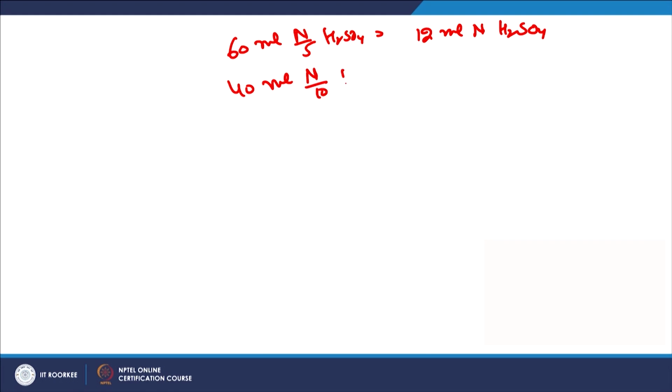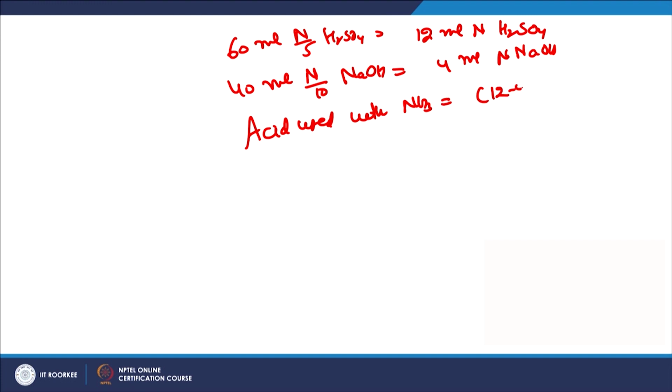Now here the 60 ml N by 5 H2SO4 is 12 ml of normal H2SO4 if we convert it, and 40 ml N by 10 NaOH is equivalent to 4 ml normal NaOH. Now acid used with ammonia is 12 minus 4, or 8 ml normal H2SO4.